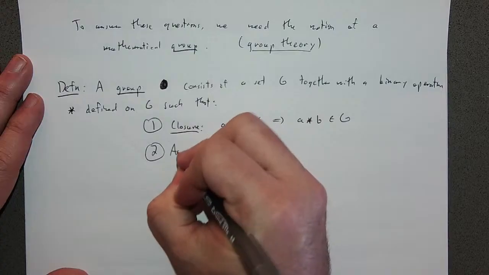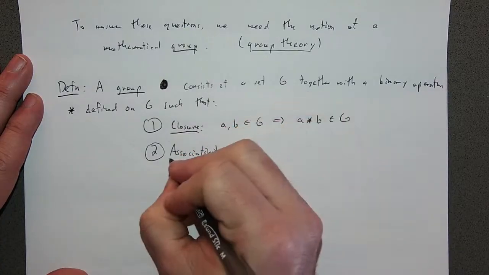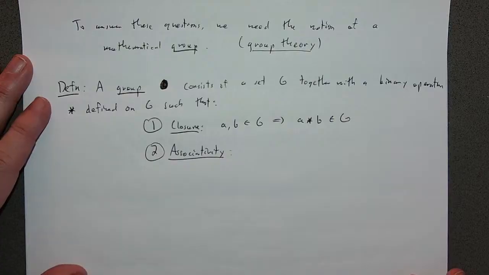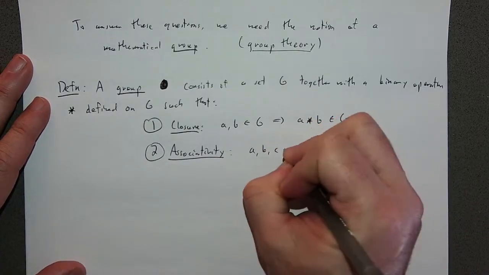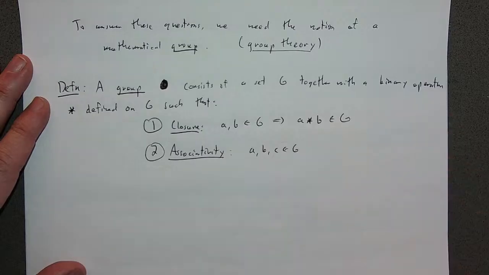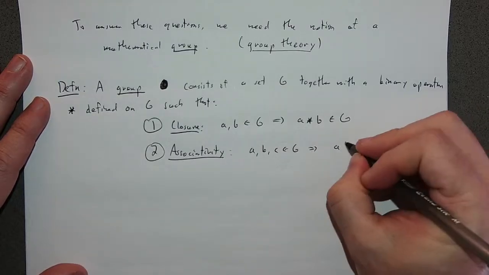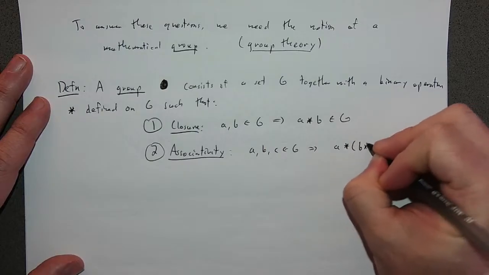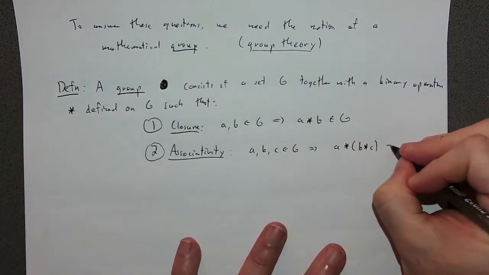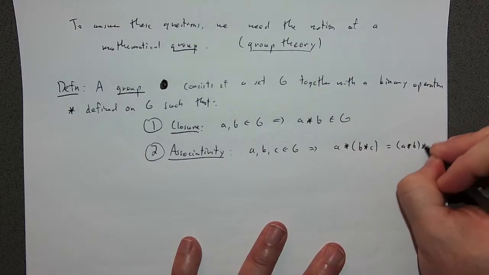Two, it has to be associative. So if A, B, and C are in G, this means that (A star B) star C is the same as A star (B star C).